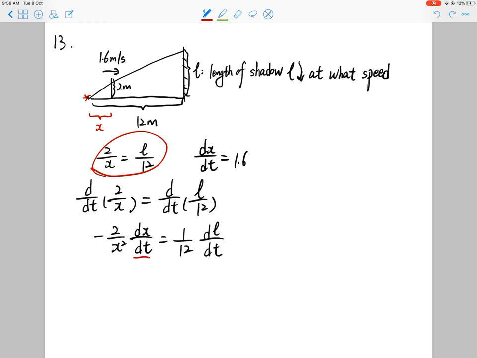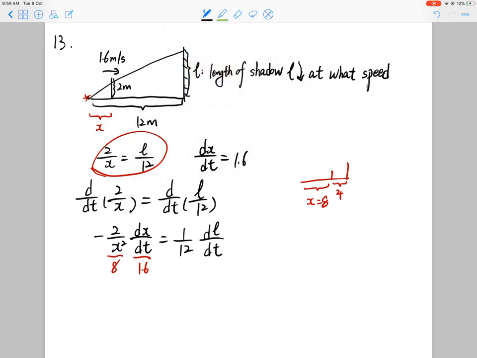So we know dx over dt is 1.6. We know the moment when he is 4 meters from the building, so x, the distance between this guy and the spotlight, is 8.